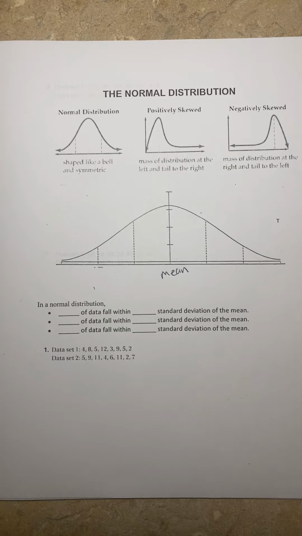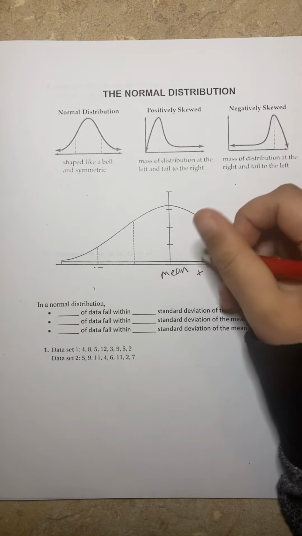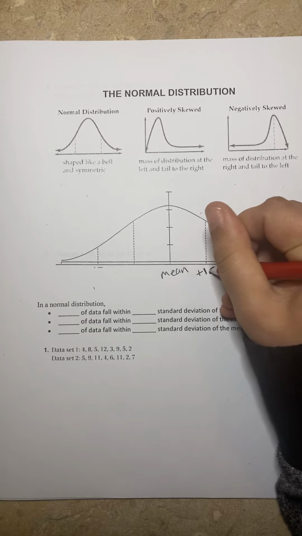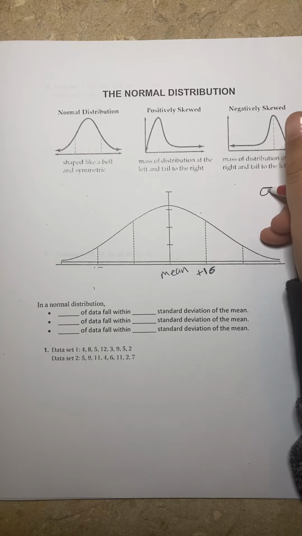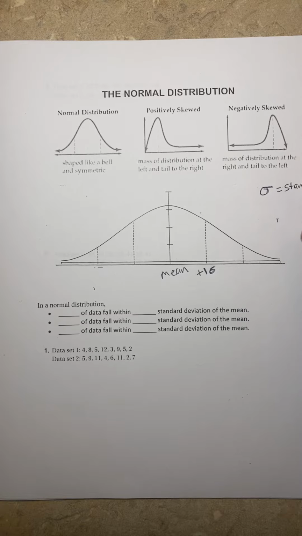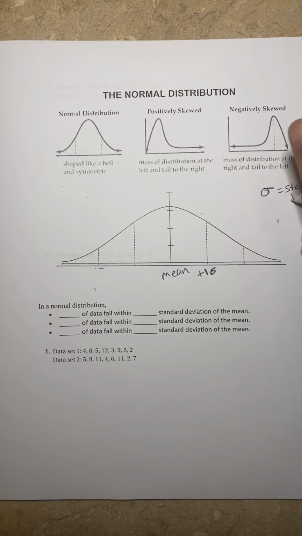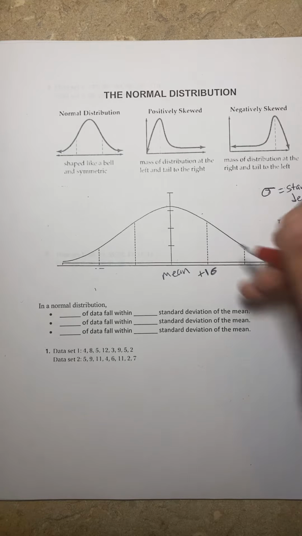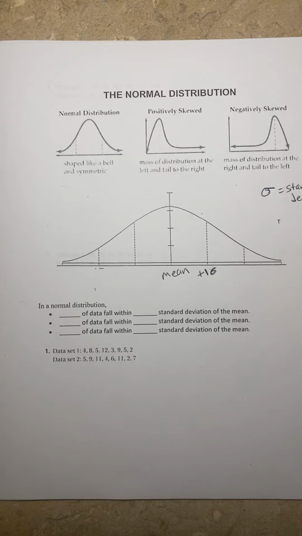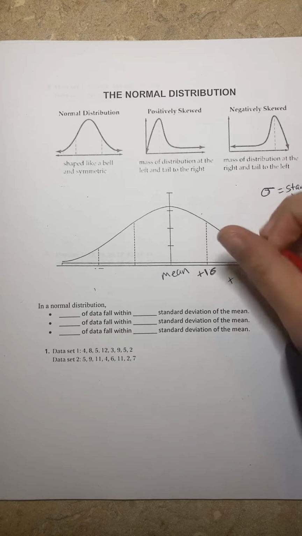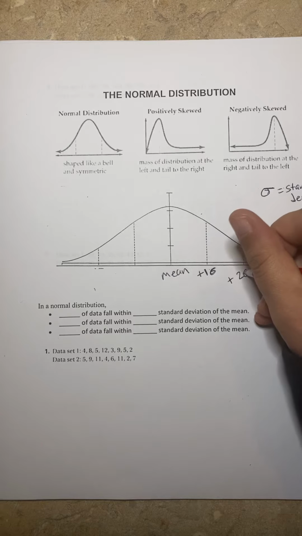So what we're going to do here is this is going to be your mean, and then each one is a standard deviation off. Like here, this would be positive 1 standard deviation. And remember, this little circle with the line on top is equal to your standard deviation. Because this is 1 standard deviation away, this is 2 standard deviations away, so it's a positive 2 standard deviations.